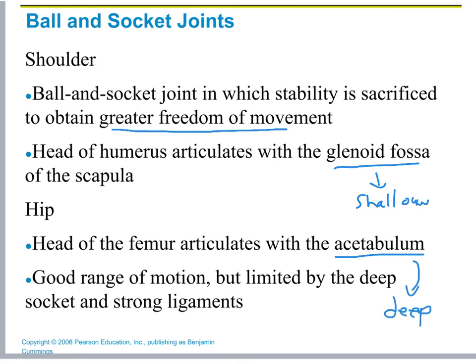You could drink out of it almost like a bowl. And second, the ligaments in the hip are a little thicker and tighter, whereas the ligaments here in the shoulder are looser.